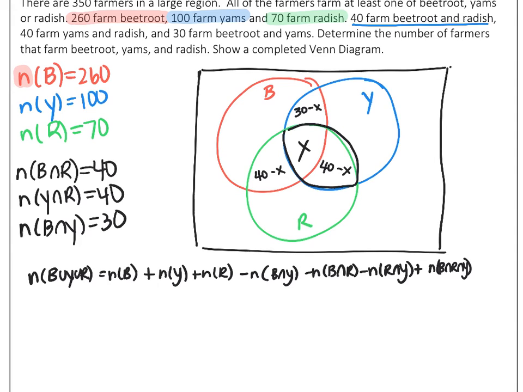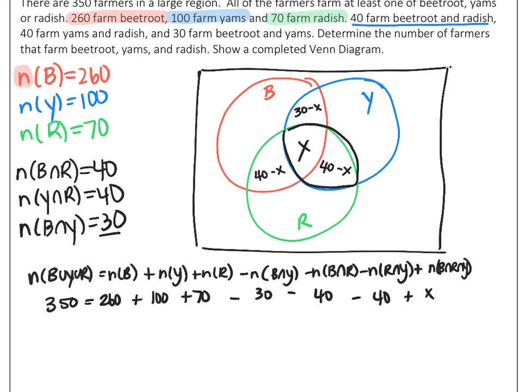Okay, so if you start subbing in, I have almost all these numbers. I know that I have a total of 350 farmers that all farm at least one. There's 260 beetroot, 100 yam, 70 radish. The beetroot and yam is 30. The beetroot and radish is 40. The radish and yam is 40 plus x.